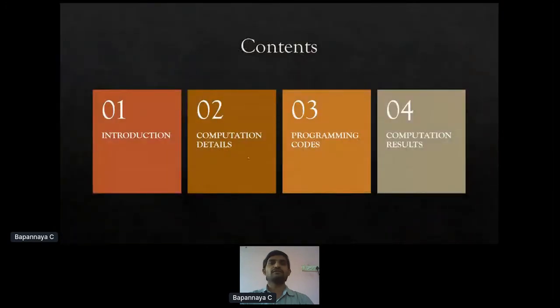My talk consists of introduction, computational details, and then programming codes, which I will be discussing thoroughly, and then a few computational results.